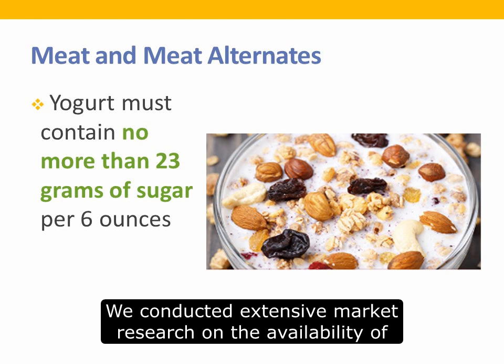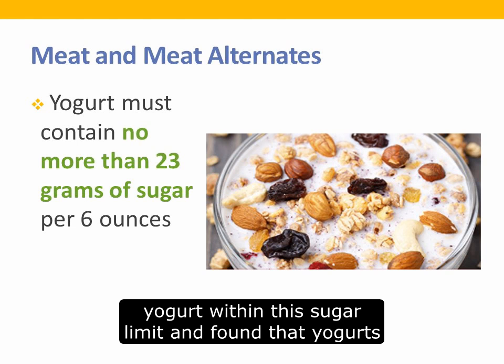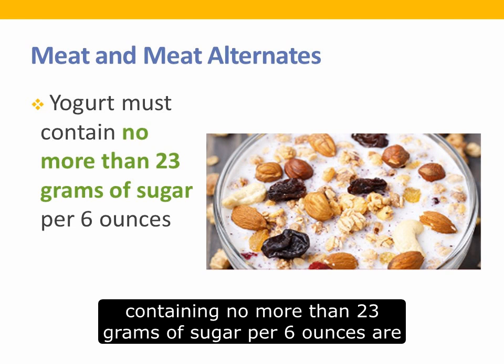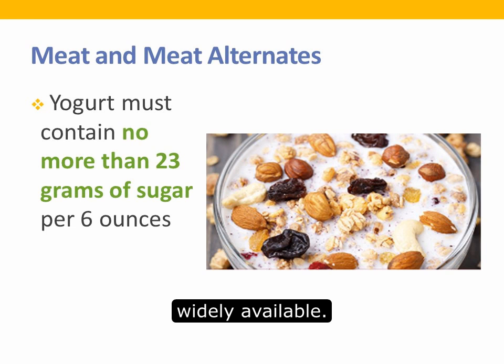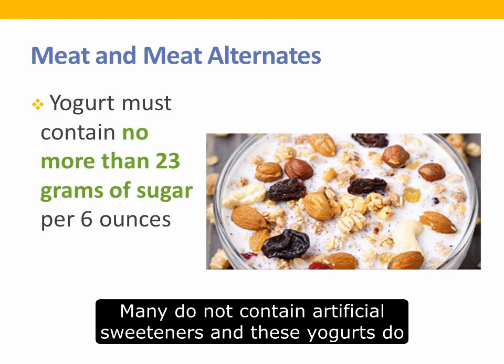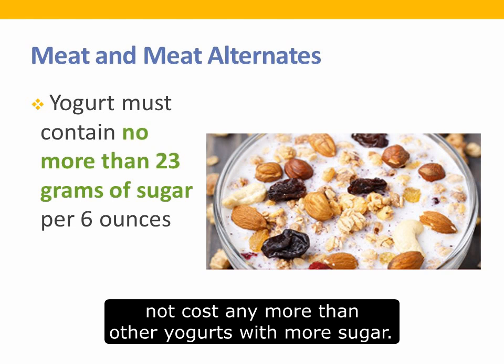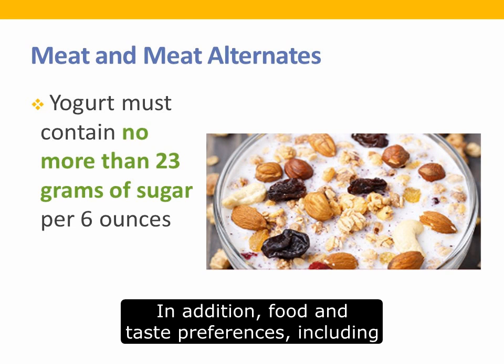We conducted extensive market research on the availability of yogurt within this sugar limit and found that yogurts containing no more than 23 grams of sugar per 6 ounces are widely available. Many do not contain artificial sweeteners, and these yogurts do not cost any more than other yogurts with more sugar.